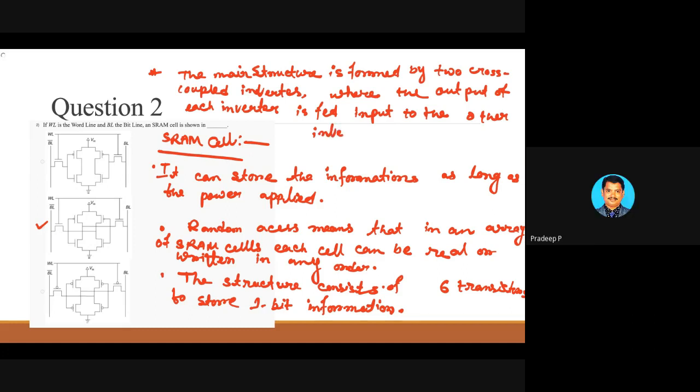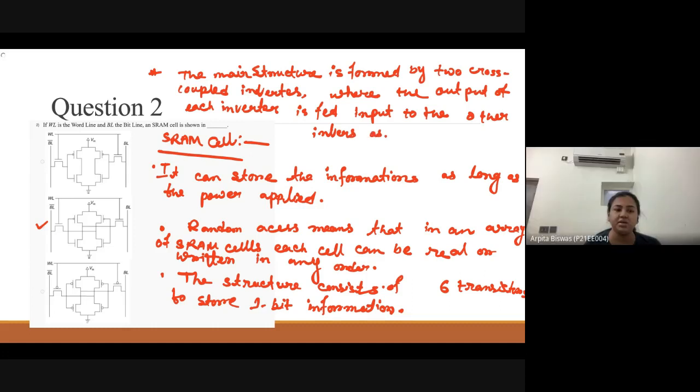Madam, are both SRAM and DRAM volatile or only SRAM? So here is the point that this is the NMOS and this is the PMOS, and for the third case both are PMOS. That's why option B is the right answer. And here you can see that these two are cross-coupled inverters, where the output of each inverter is fed as input to the other inverter.